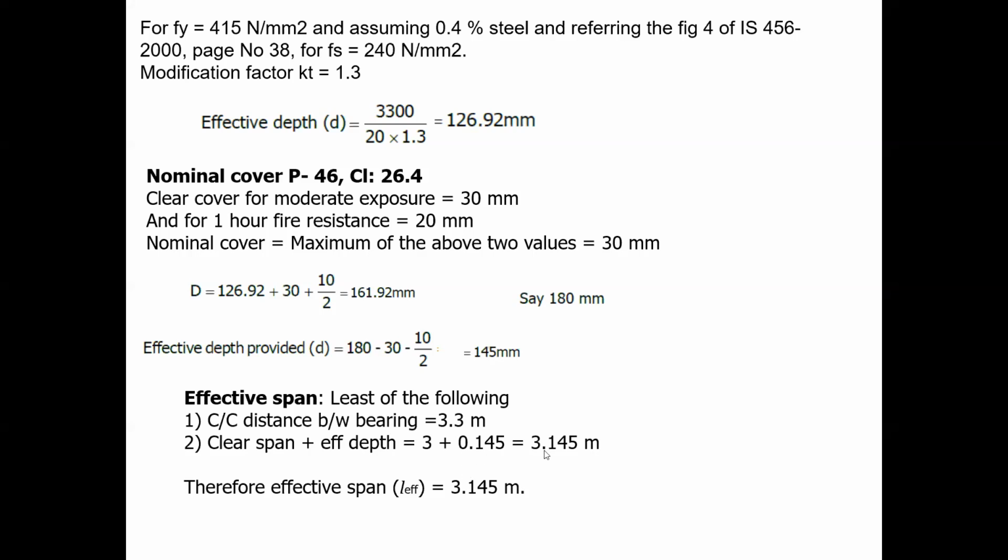So you'll get 3.145. Among these two, you have to take the least. So the least is 3.145. So the effective span L effective is 3.145 meter. Is it clear? Yes, sir.